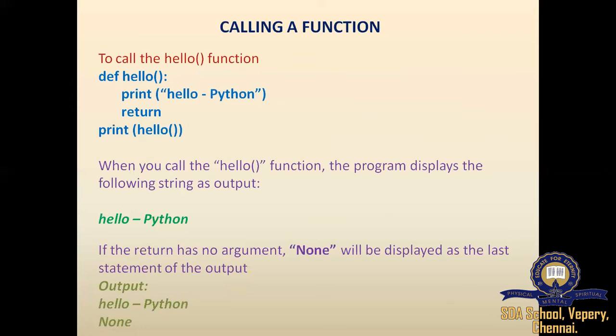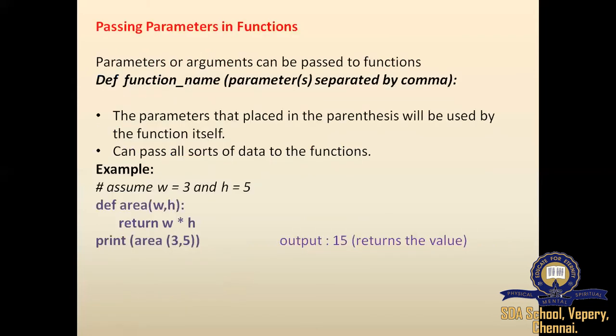I explained this program. Then passing parameters in a function. Normally within this parenthesis, we use parameters. We define the parameters of a function. The parameters placed in the parenthesis will be used by the function itself.